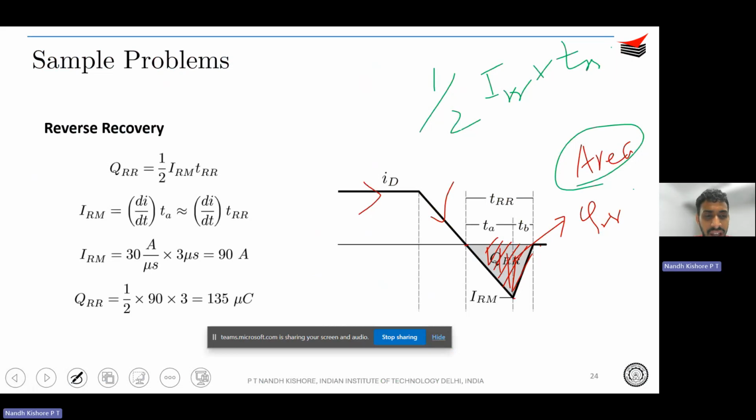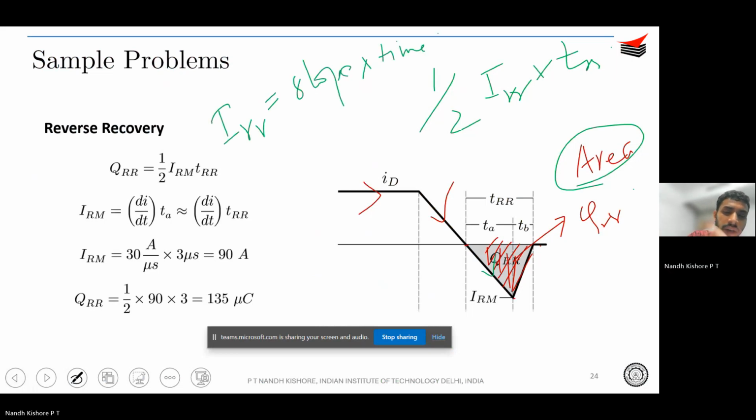So what is IRR? IRR is basically di/dt into TA, slope into time. The di/dt is given, which is 30 amperes per microsecond, and TRR is 3 microseconds.